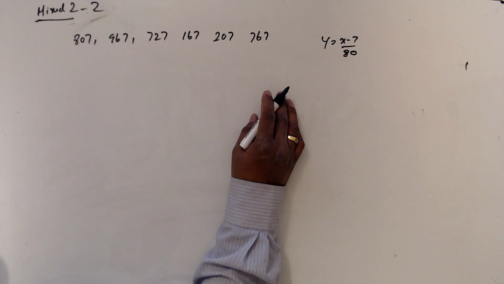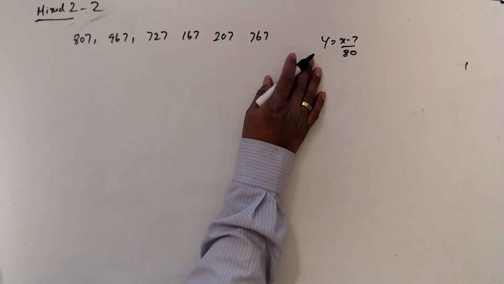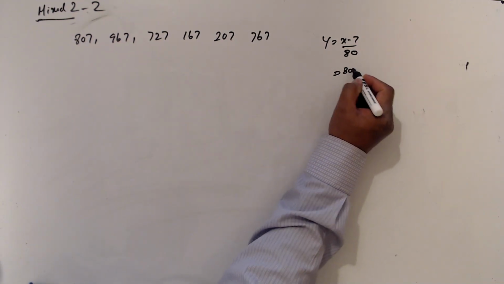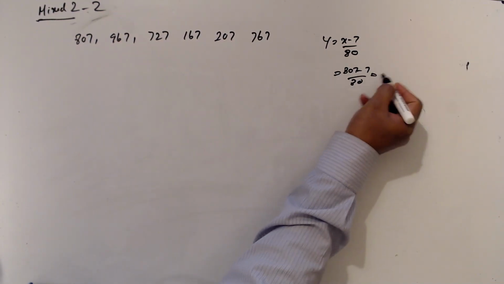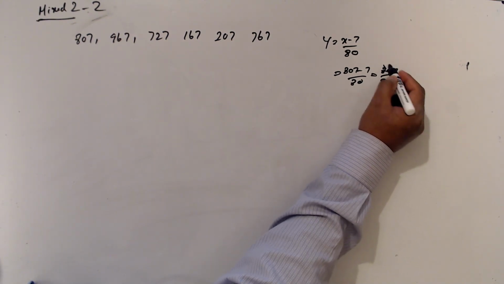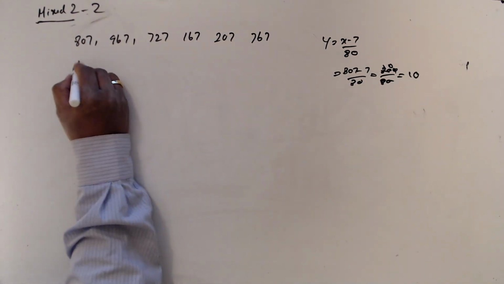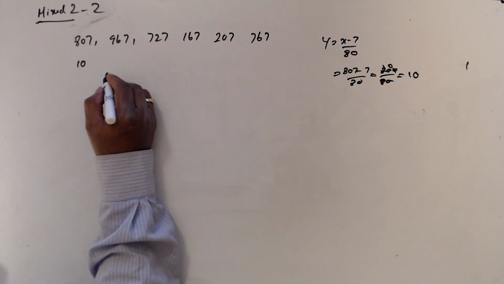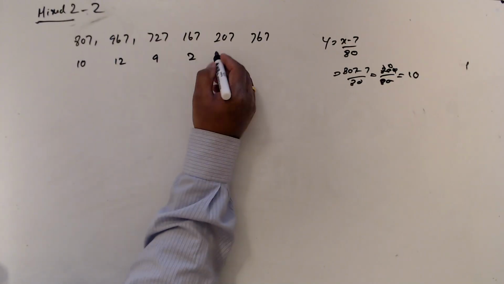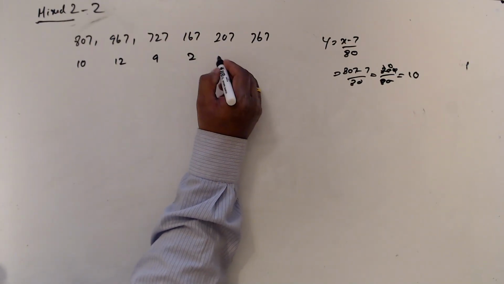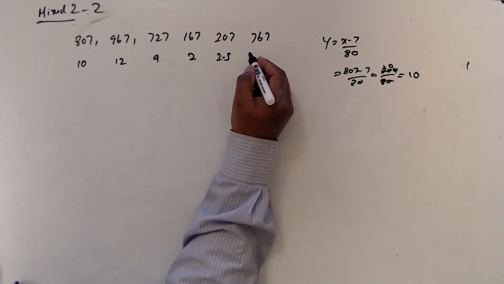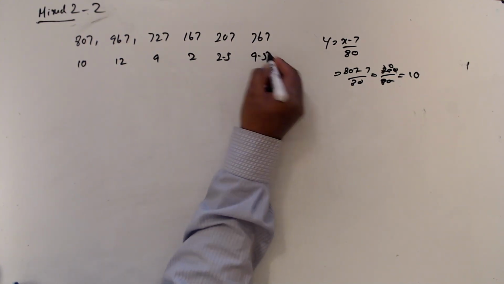Question number 2. So there's a coding, so we'll apply the coding. Let's take 807. So 807 minus 7 by 80, 800 divided by 80, that is going to be 10. So likewise, this is going to be 10, and this is going to be 12, 9, 2, 2.5, and 9.5.